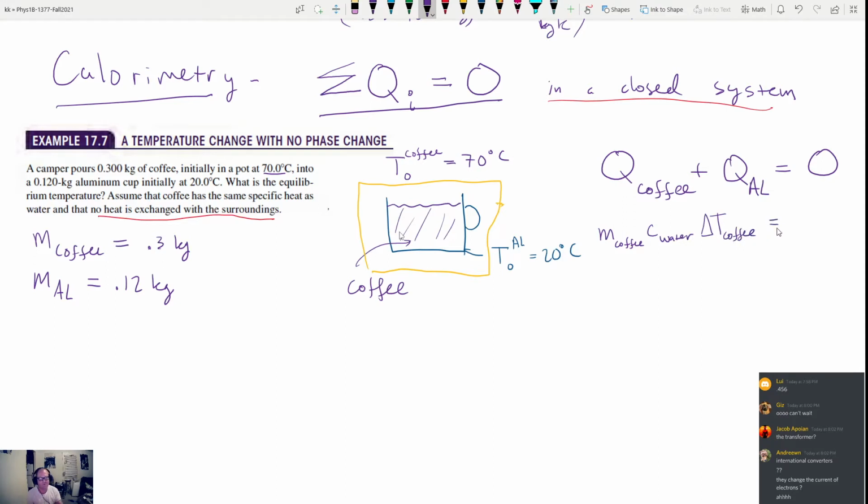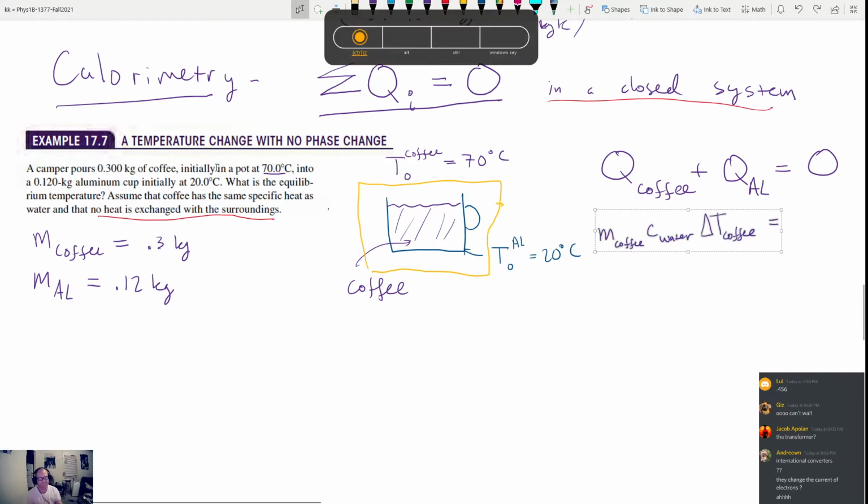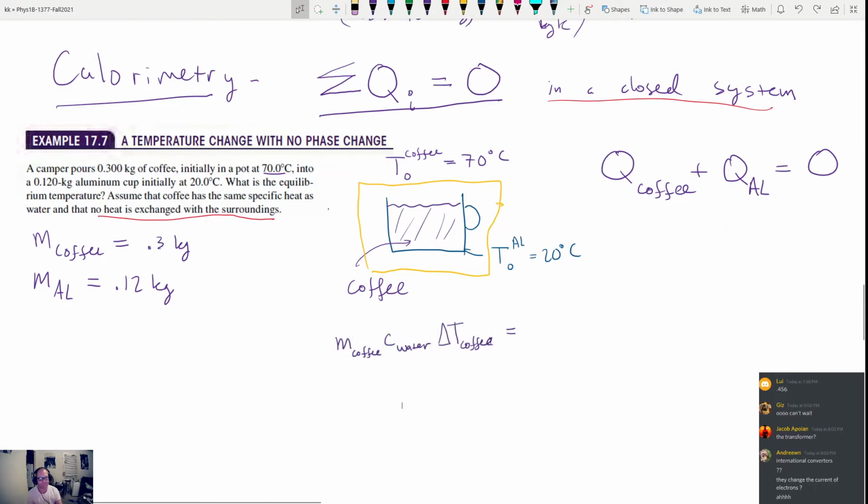And this should be equal to, I'm running out of room right here. Let's go down here. So mass of the coffee times the specific heat of water times the change in temperature of the coffee. This should be added to, not equals, we're going to add to that the MC delta T equation for the aluminum.